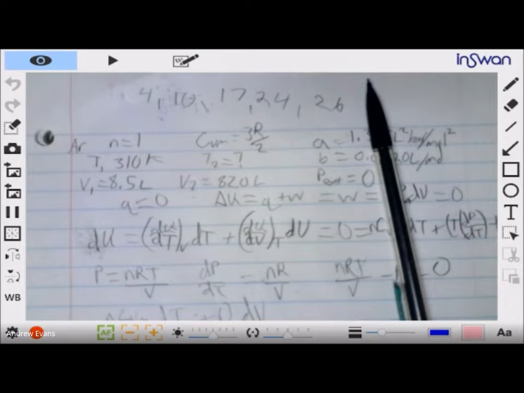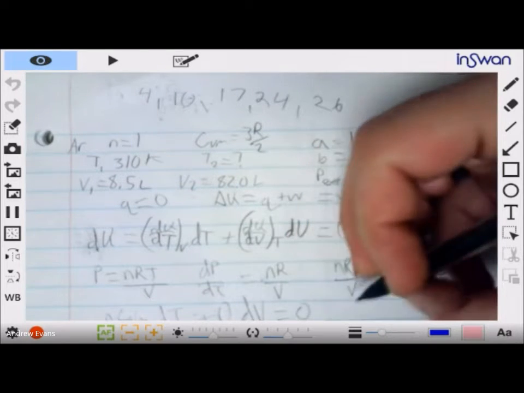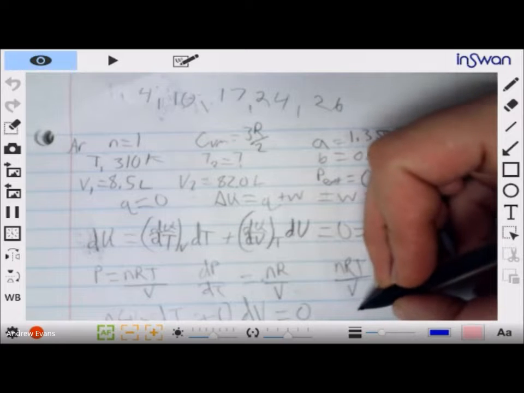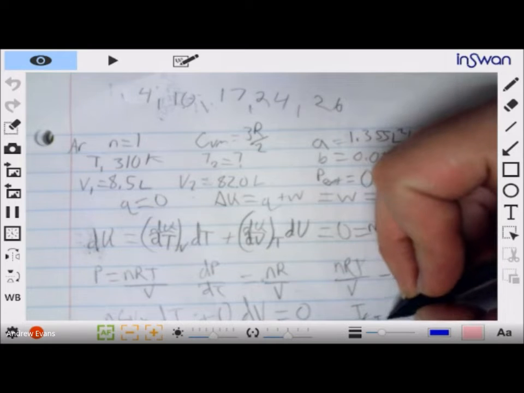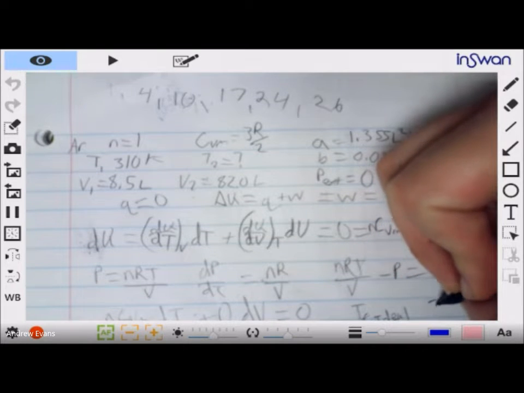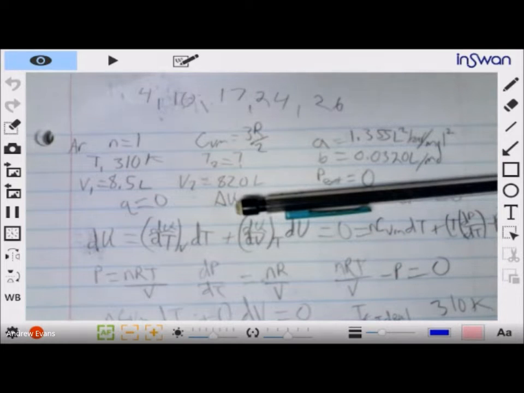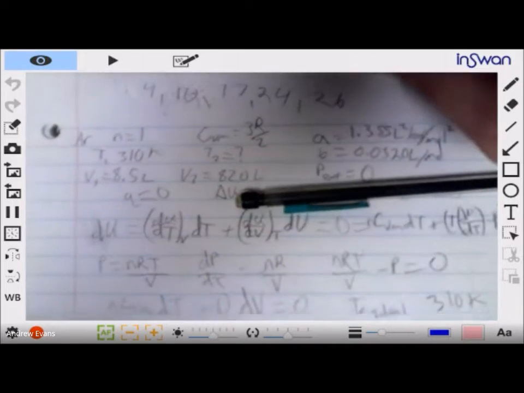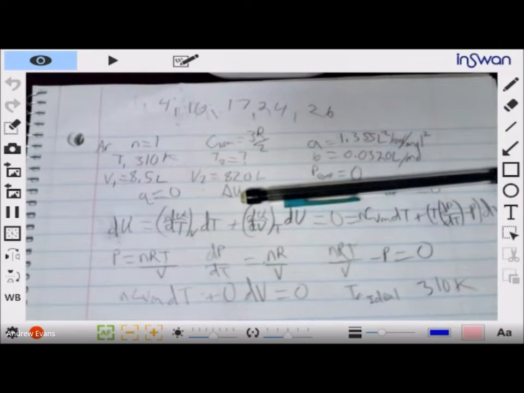In that case, the left term must also equal 0 if the whole thing equals 0. So that means the final temperature for an ideal gas would be 310 as well. So that's the T final for an ideal gas.